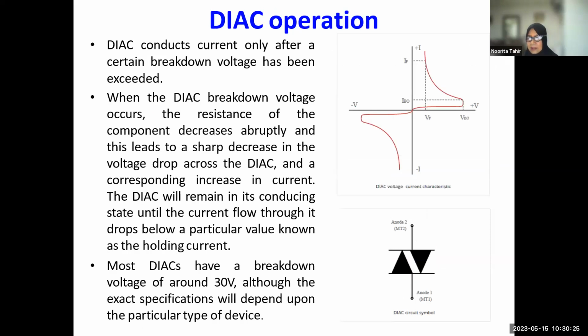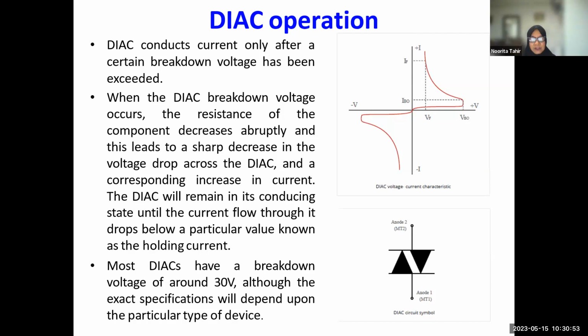And let's see the operation of our diac. Nampak tak smoothnya di situ as compared to triac tadi, ya. So diac circuits use the fact that a diac conducts current only after a certain breakdown voltage is exceeded.